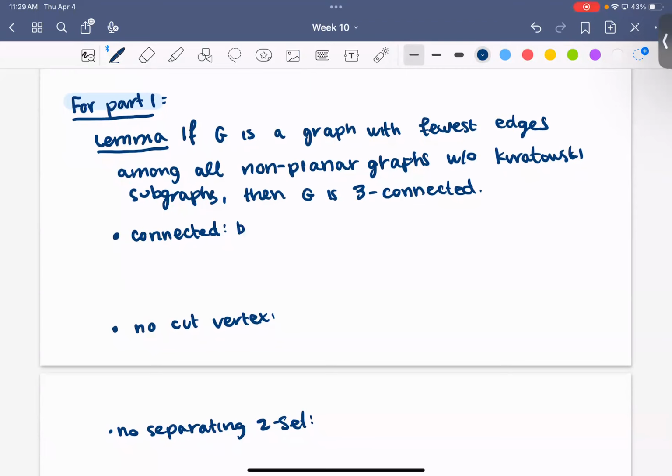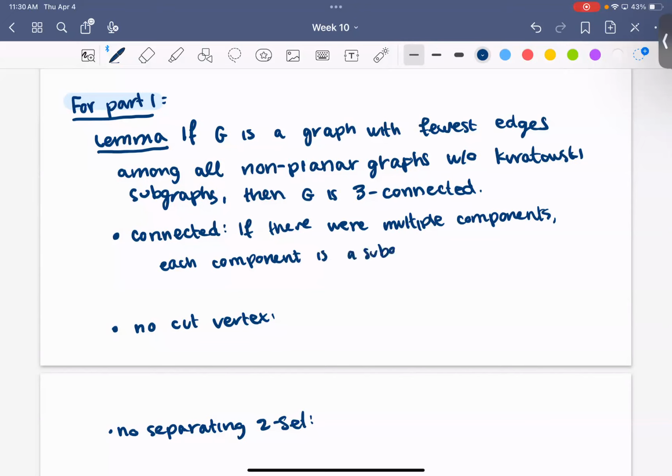So if there were multiple components, each component is a subgraph of this minimally non-planar thing.